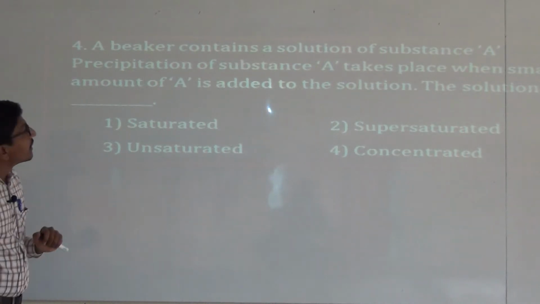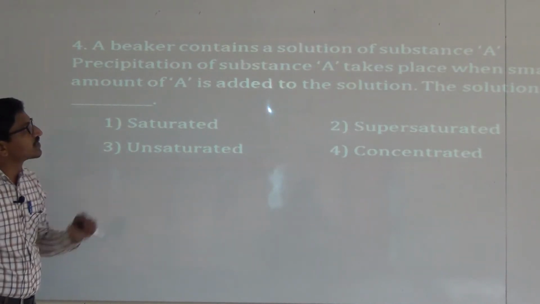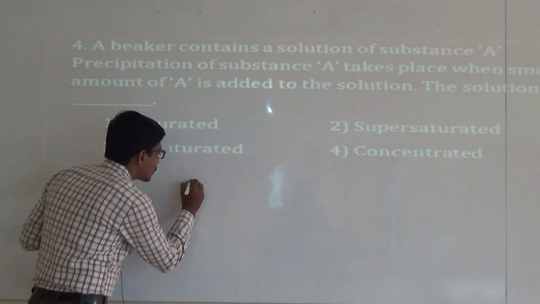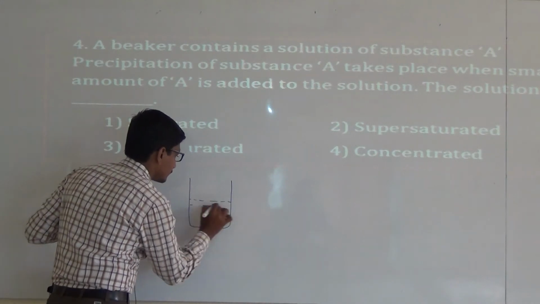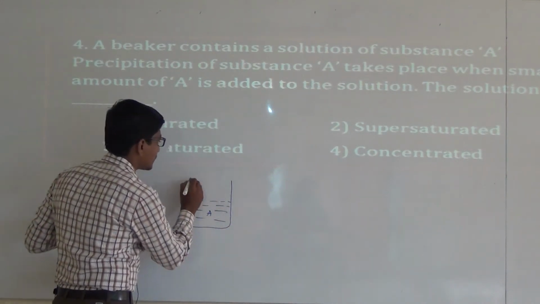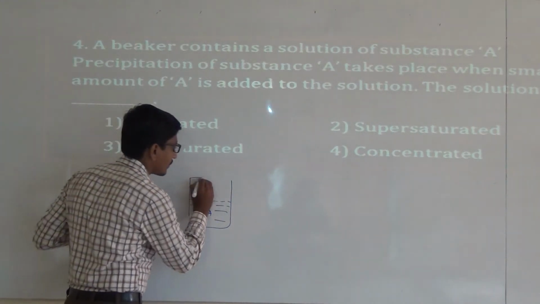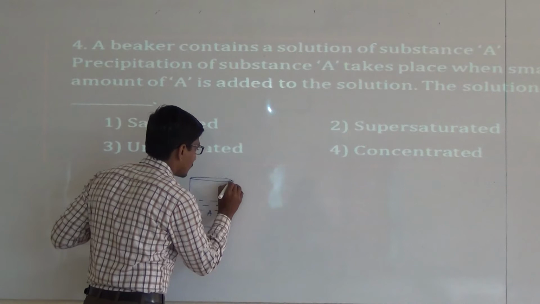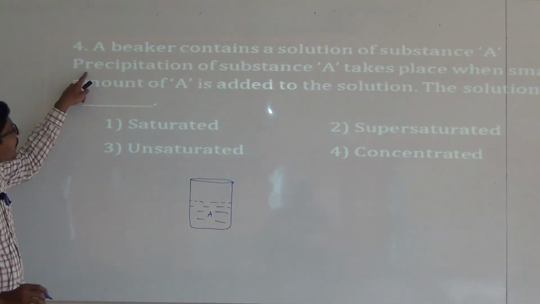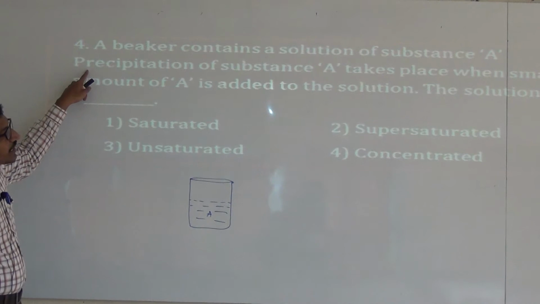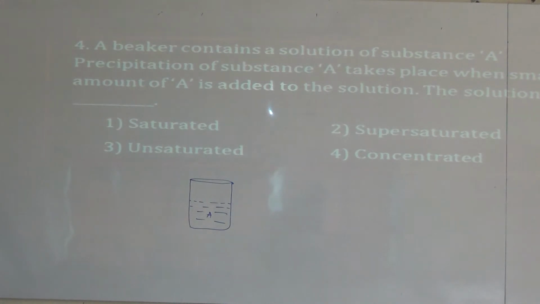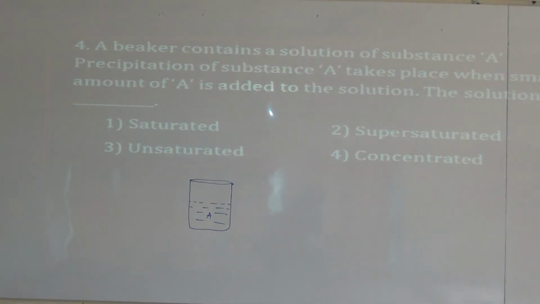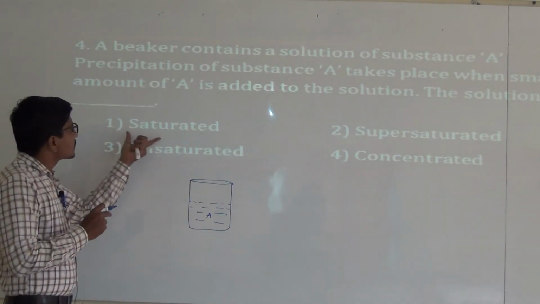In this question, a beaker contains a solution of substance A, and precipitation of substance A takes place when a small amount of A is added, and the solution is. In this, there are four options.